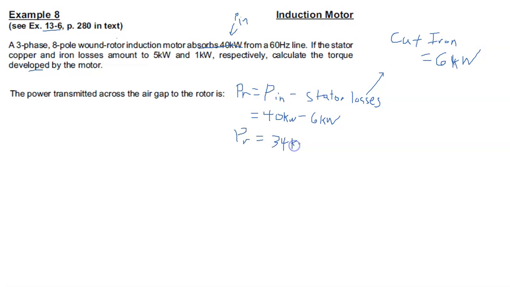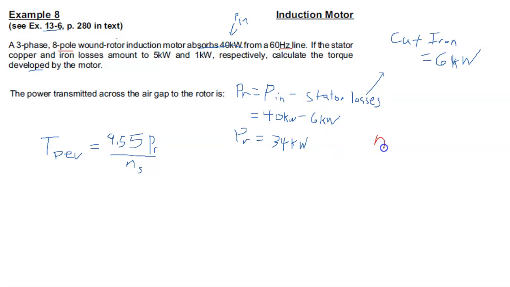Now remember that we can calculate torque developed if we have PR and we know the number of poles on the motor along with the frequency, because torque is 9.55 times PR divided by NS. So we need NS. We've been given the number of poles, and we're told 60 hertz.